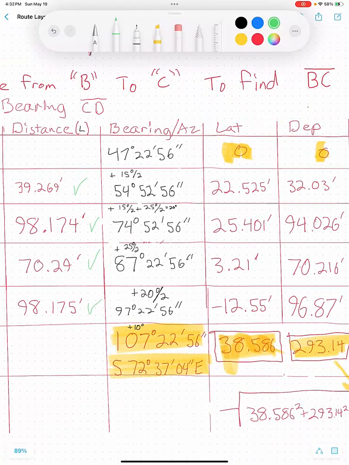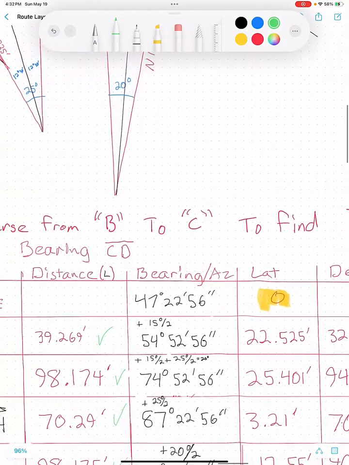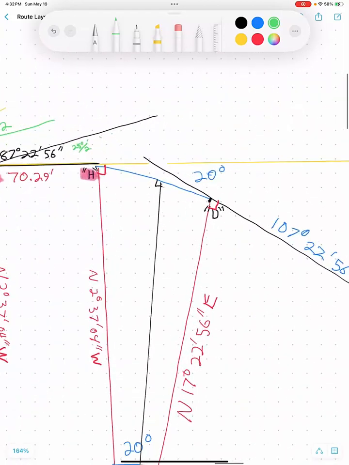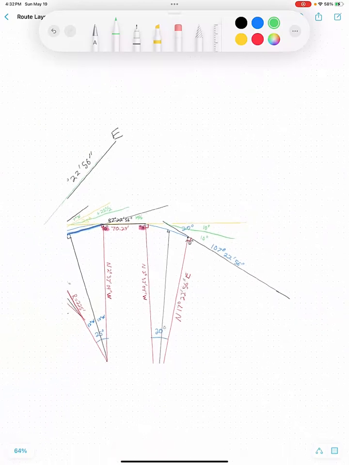And then for that final departure coming off of that final angle, we add that last 10 degrees. Everybody see how I got that? Again, we have these bisecting halves of 10 degrees and 10 degrees. Okay?